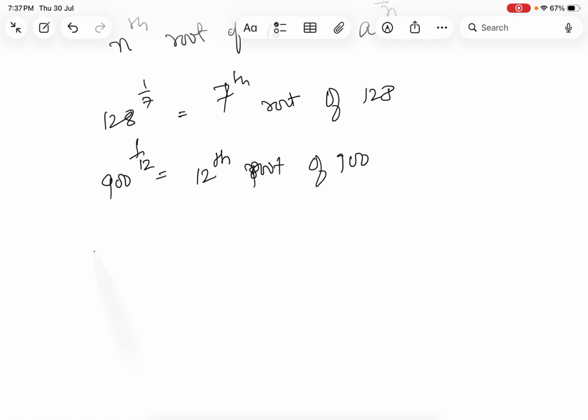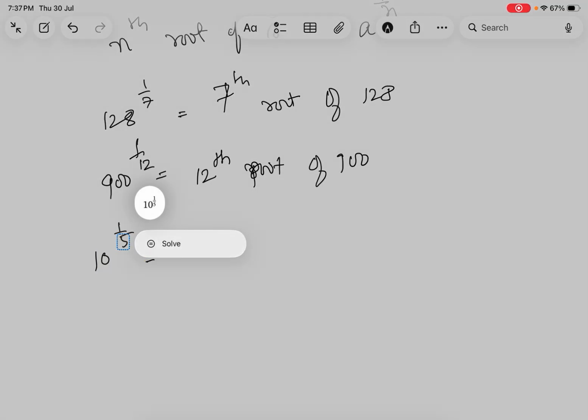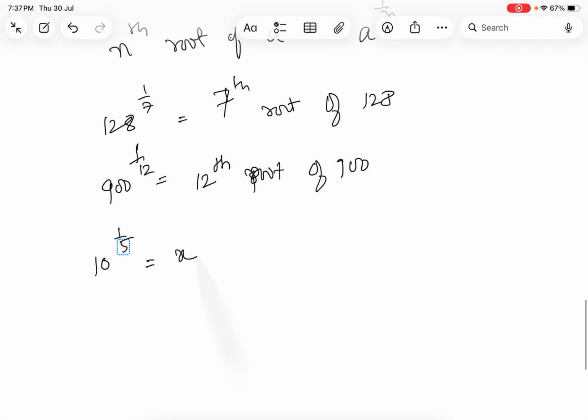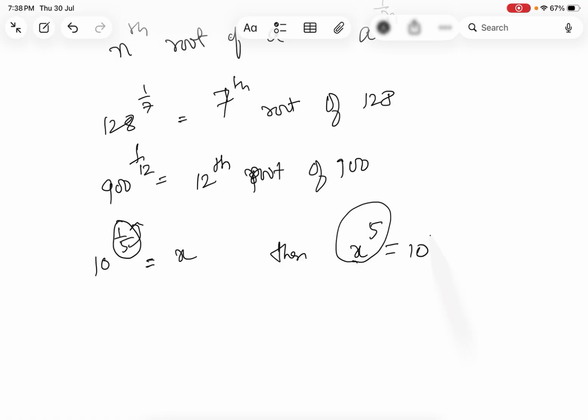Similarly, suppose 10 to the power of 1 upon 5 is equal to x, then you can also write it as x to the power of 5 is equal to 10. When the root changes side with respect to the equals sign, it goes to the numerator. So x becomes x to the power 5, and 10 becomes just 10.